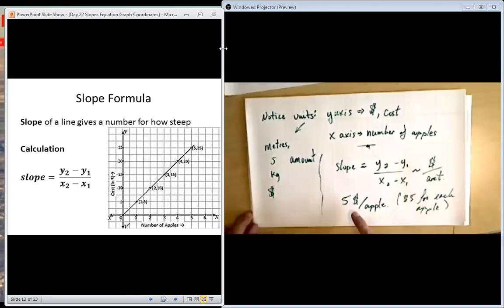So what we actually found for the slope is that the cost of each apple is $5, the Y unit, per apple, okay? The units for the bottom. We'll see more word problems later on, so we'll get a closer look at that, but just a little mention today to sneak it in there.